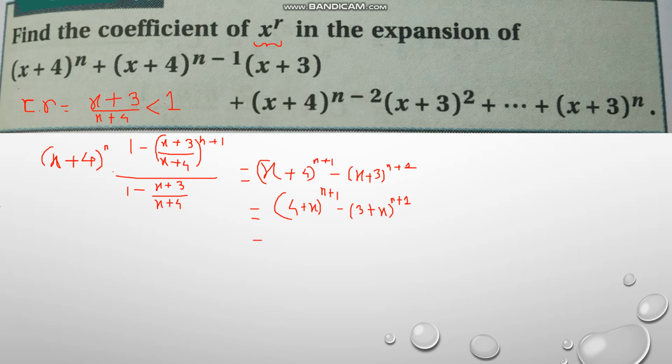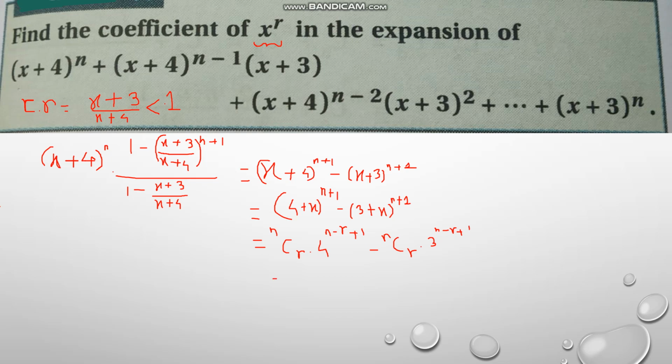The general term, the x to the power r term, will be nCr multiplied by 4 to the power n minus r plus 1, minus nCr multiplied by 3 to the power n minus r plus 1.